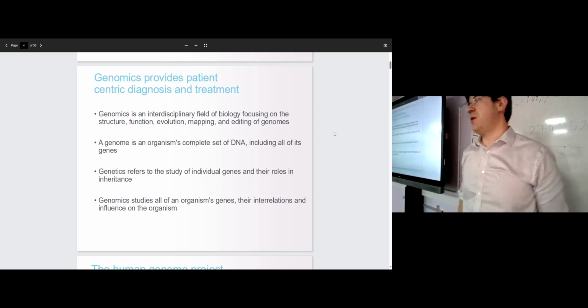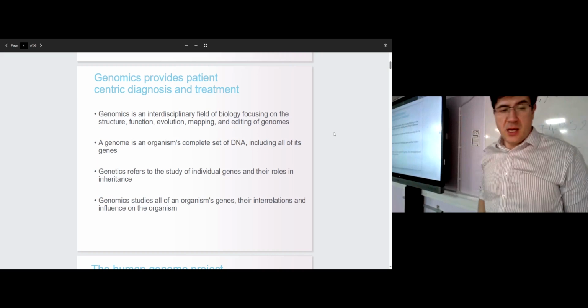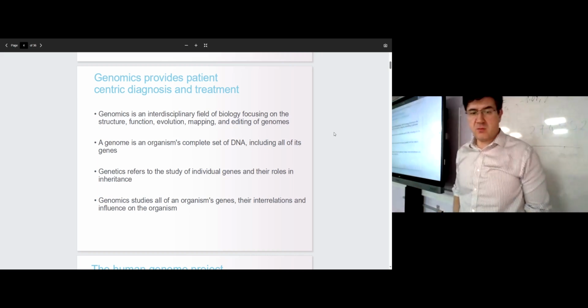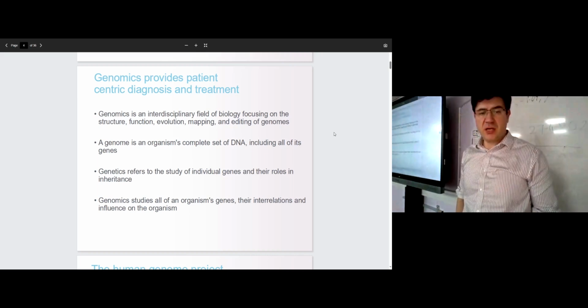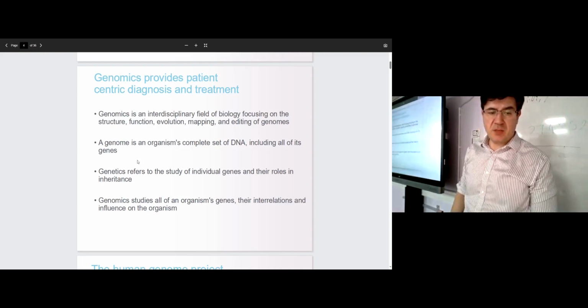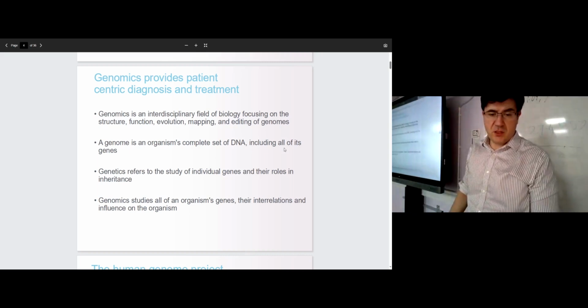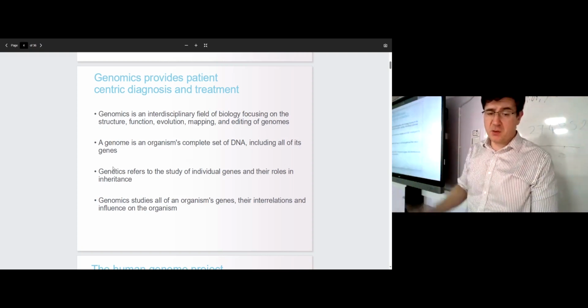Genomics deals with all of the genes. So genomics means all of the genes, and it studies the structure, function, evolution and mapping of genomes. As I said, the genome is an organism's complete set of DNA, including all of its genes, but also the mitochondrial genome, for instance. And genetics refers to the study of individual genes.